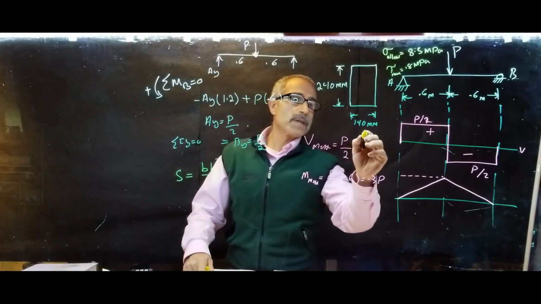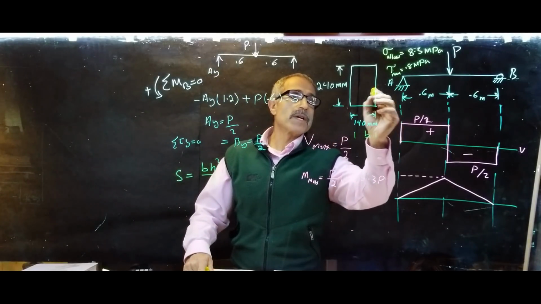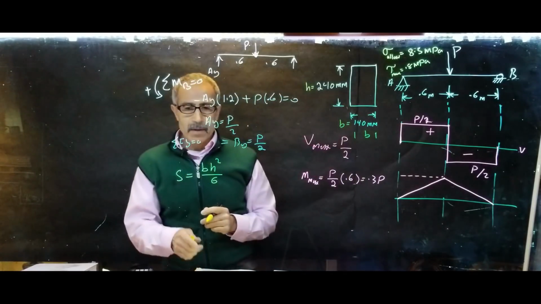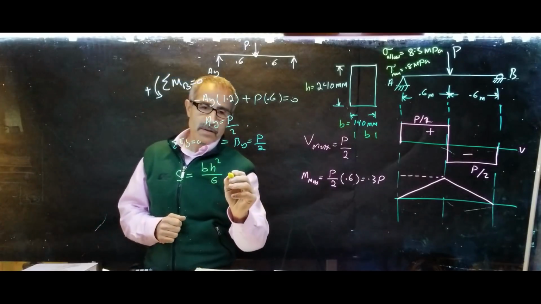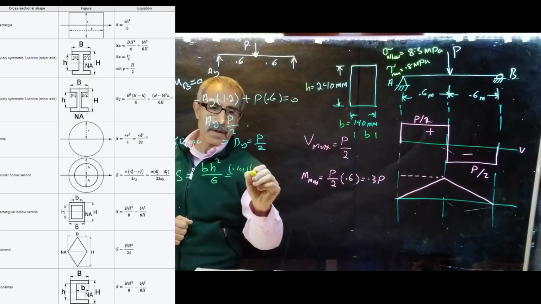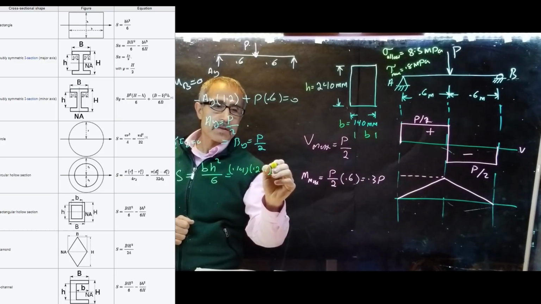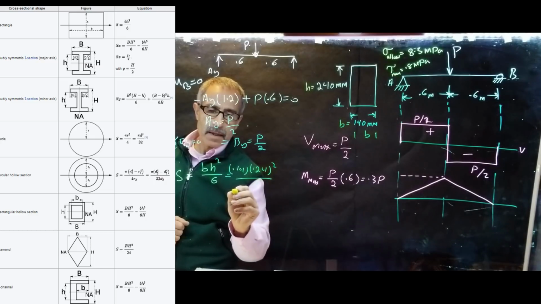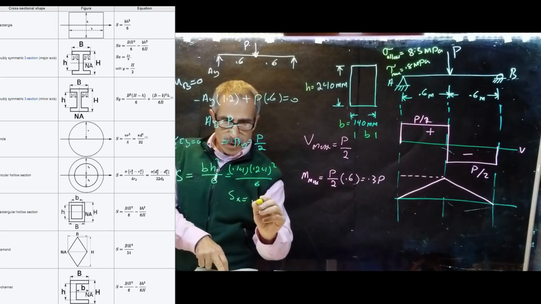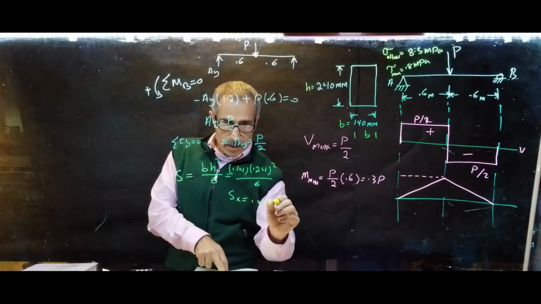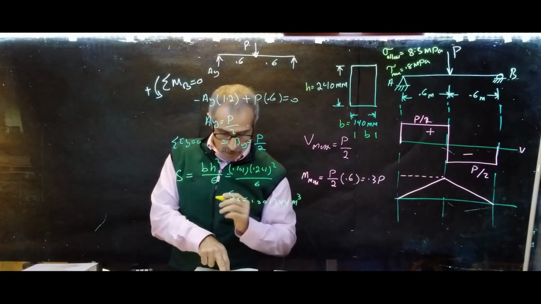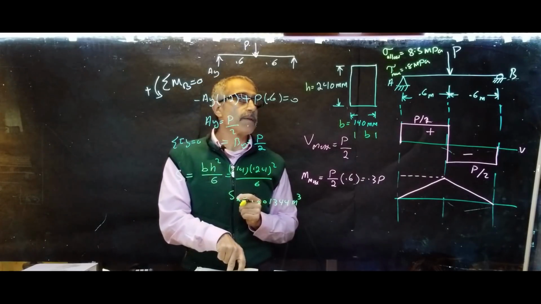This will be your B, and this will be your H here. Now you plug in for the section modulus, and it becomes 0.14 multiplied by 0.24 squared divided by 6, and S comes out to 0.001344 cubic meter.